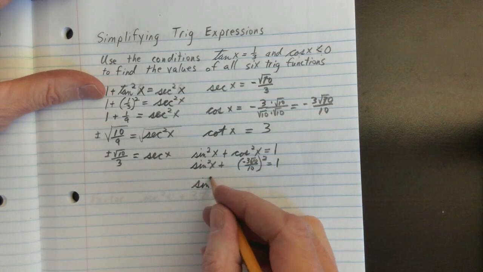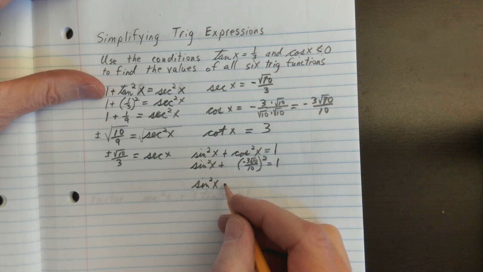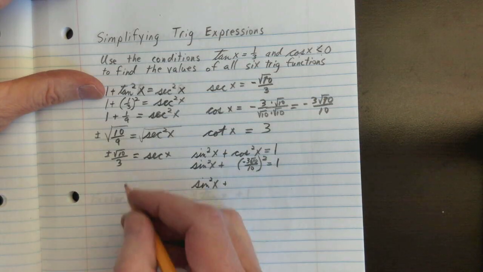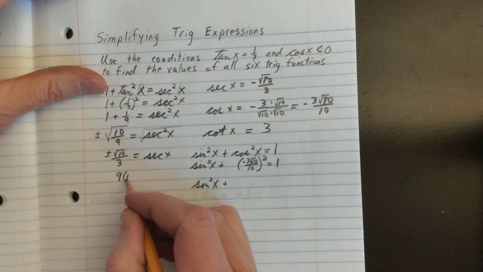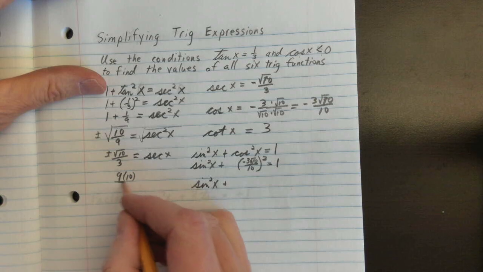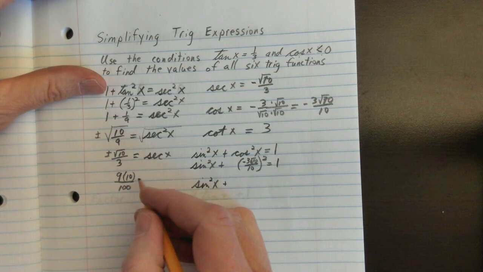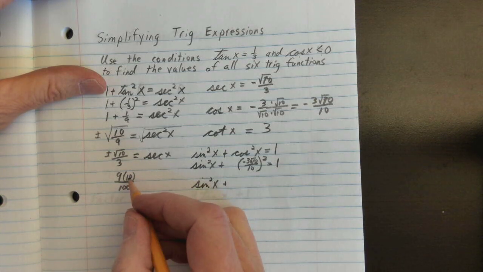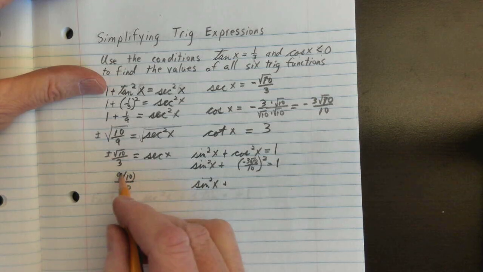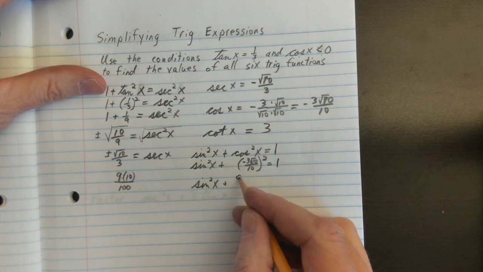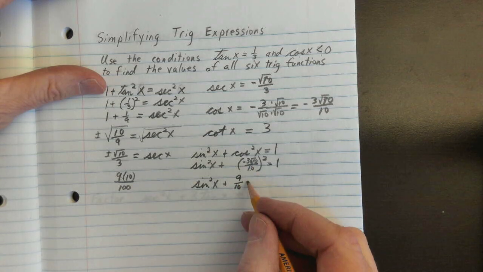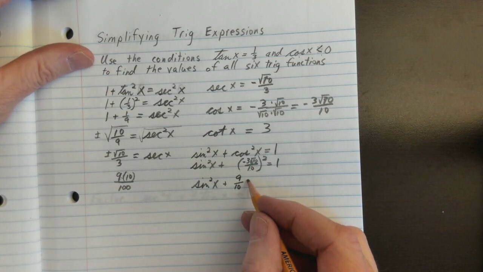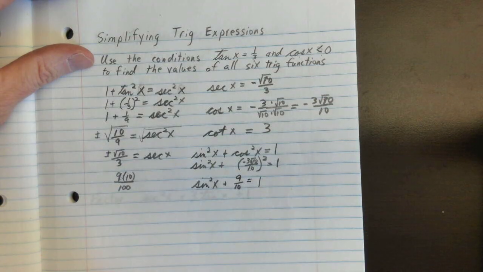So sine squared x plus, if I square that, that's 9 times 10 over 100, which is 90 over 100. So that's 9/10. When I square this, I get 9/10, equal to 1.